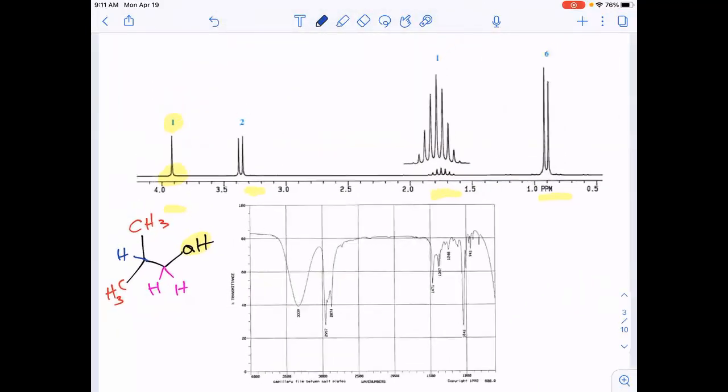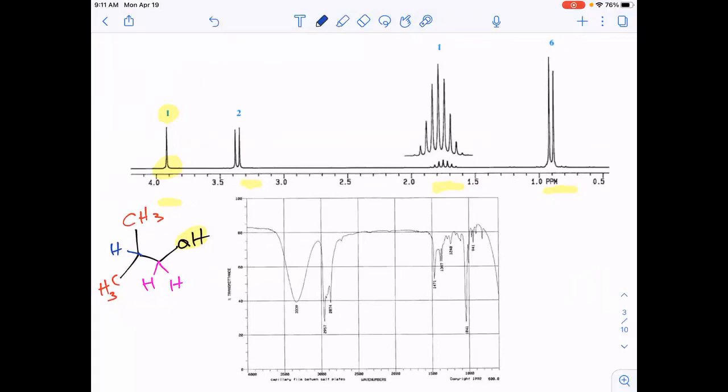So which ones would you expect to be the furthest downfield? Remember, downfield is away from 0, an electron poor environment. Upfield is towards 0, an electron rich environment.